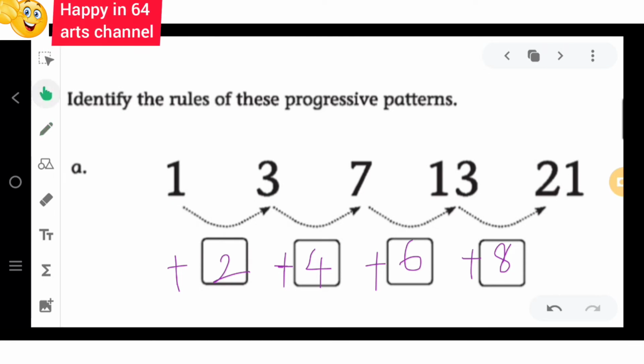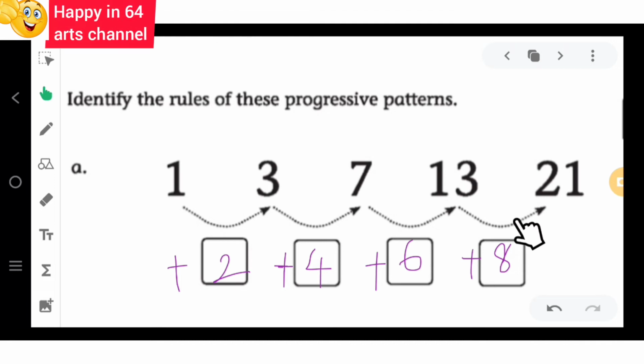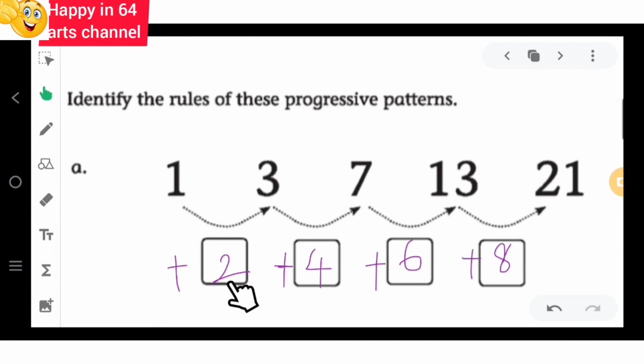So look at these numbers, 2, 4, 6, 8. So multiples of 2, like skip counting. So the numbers are increasing, and also the difference.